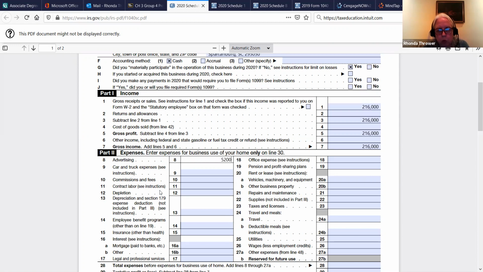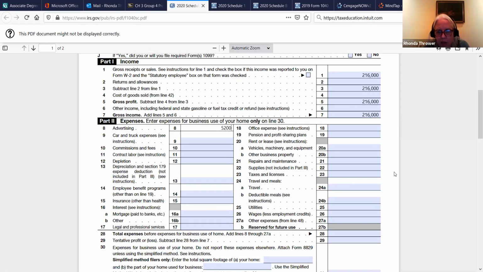There's a better place for that. And right down here is where you've got wages. That's where you put the wages. So no commissions and fees, and there's no contract labor.